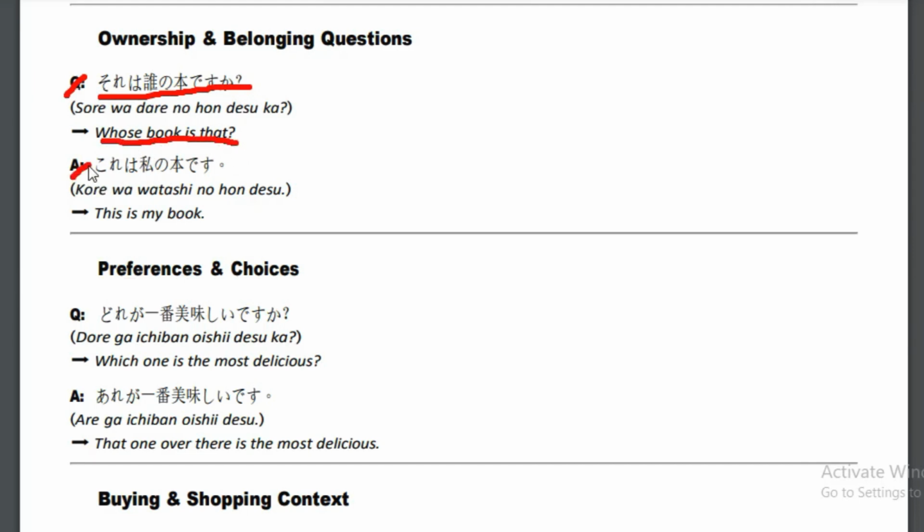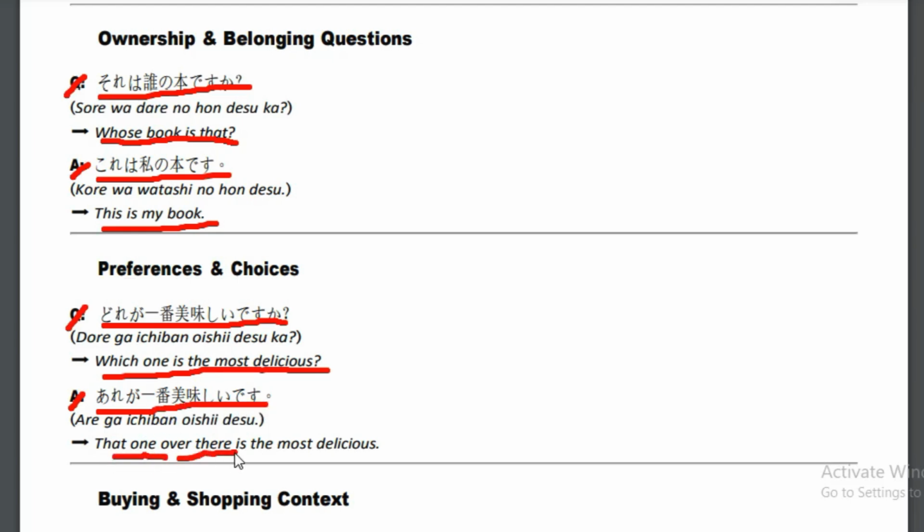And the answer would be kore wa watashi no hon desu, this is my book. The next question is dore ga ichiban oishii desu ka, which one is the most delicious? The answer would be are ga ichiban oishii desu, that one over there is the most delicious.